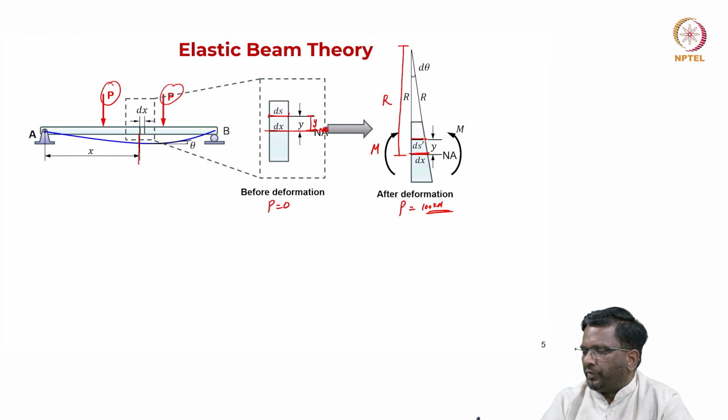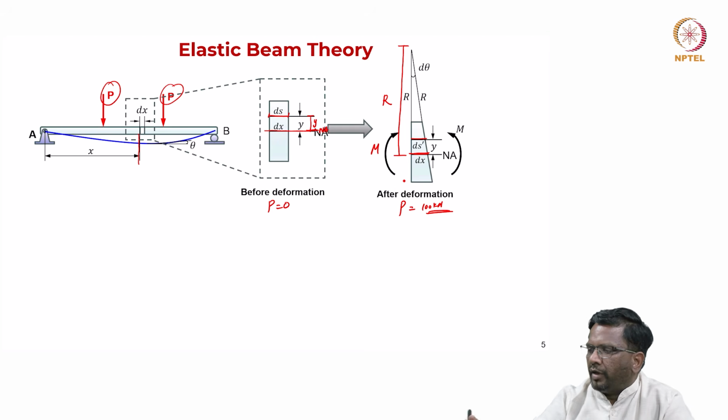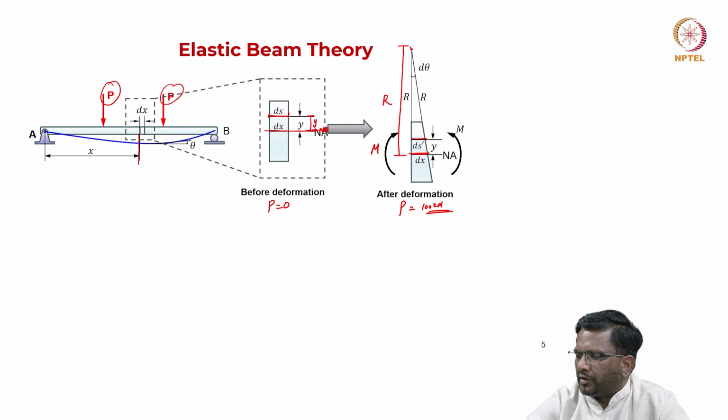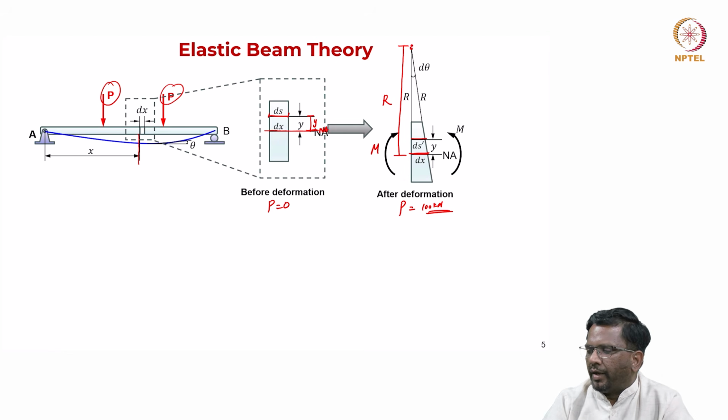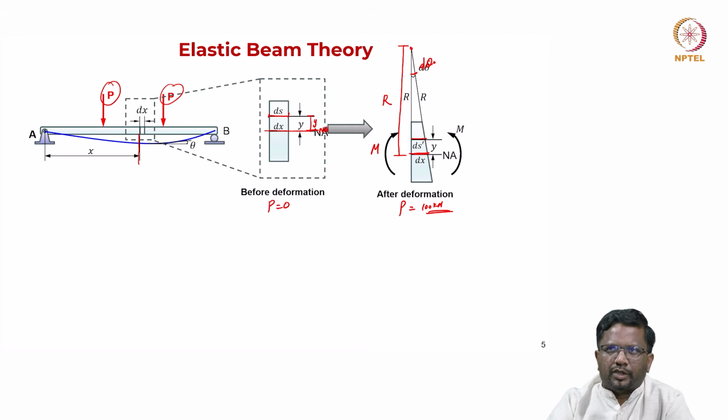So, if I draw this straight line of the deformed member, they are going to meet somewhere here, and they are going to subtend an angle d theta between them. This is the way that elemental rotation has happened for the small elemental length dx.